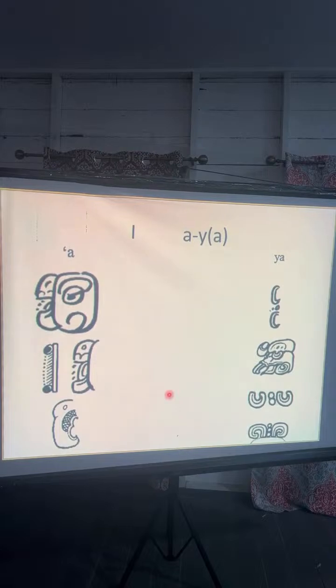So these are the glyphs, and these are the I. You could use this. If I just draw the one with the eye with the comb, that's what I use.